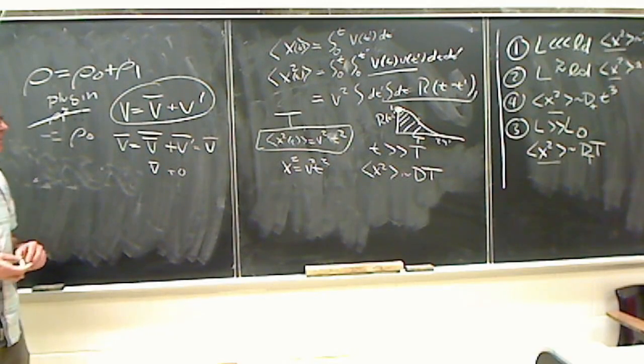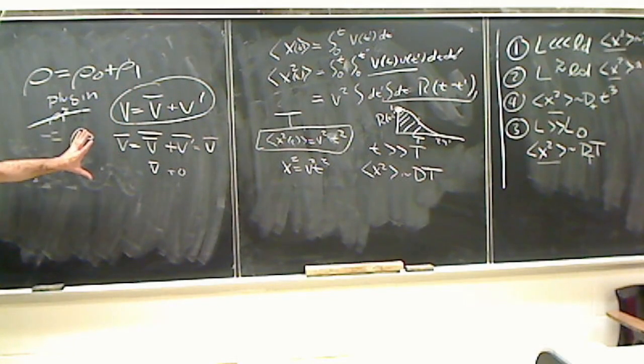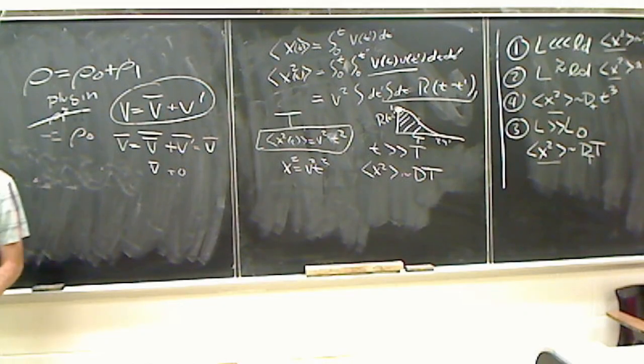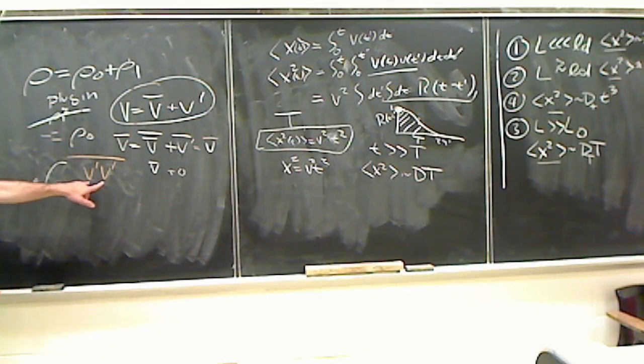So what I'm going to do is take this, drop it into Navier-Stokes, average it, and we get something that looks just like Navier-Stokes, but we also have this extra term that looks like V prime bar. Because I can average two fluctuating quantities together, that's not going to be 0.